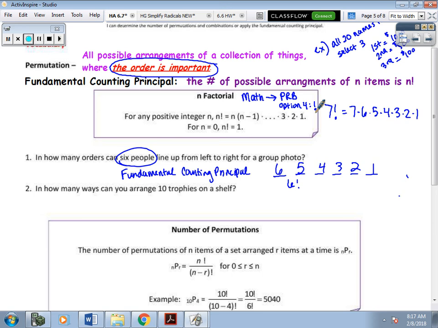So if you want to add that to your notes, it's the math button. Arrow over to the probability column, which says PRB for probability, and then you'll choose option 4, which you'll see the factorial. And this is obviously beneficial if I were to ask you what 20 factorial was. You wouldn't want to have to sit there and type 20 times 19 times 18 all the way down.